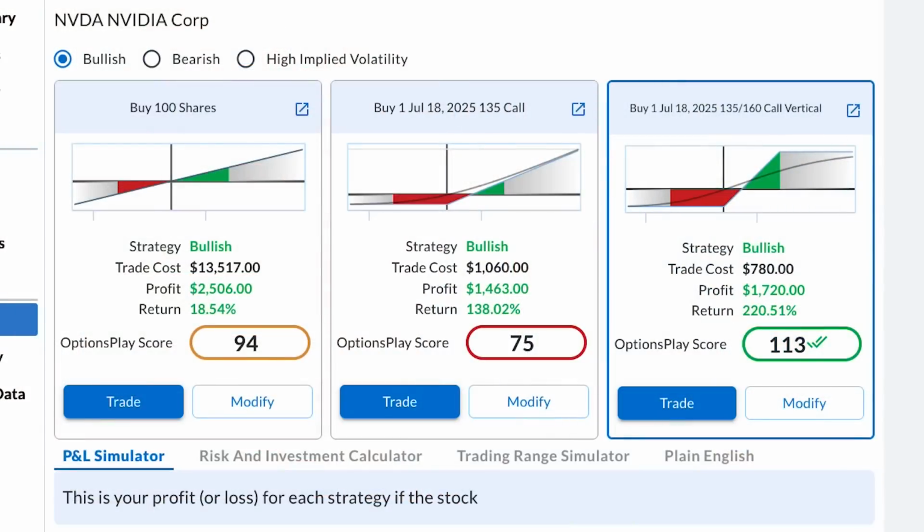Okay. So there is a theoretical, statistical advantage to selling premium or selling options because of that implied edge that you have as a seller, which is why we specifically have a button for when implied volatility of an option is high, how can you take advantage of that?